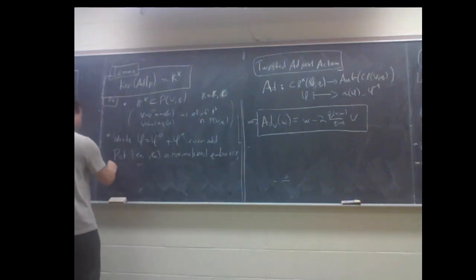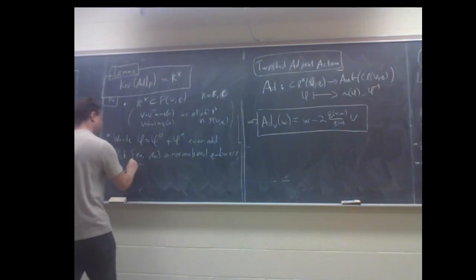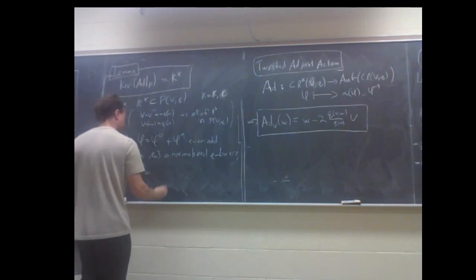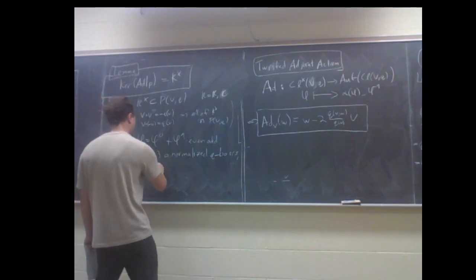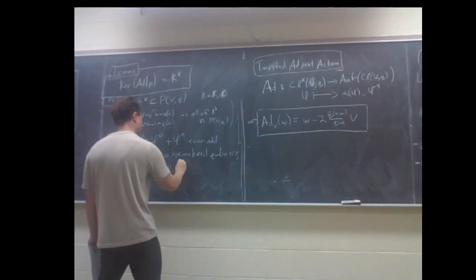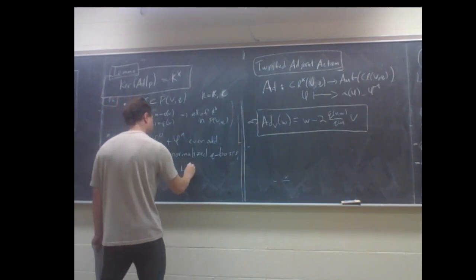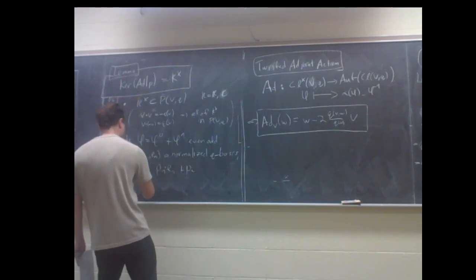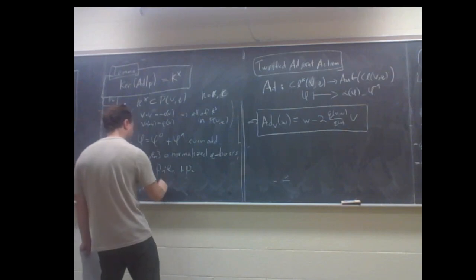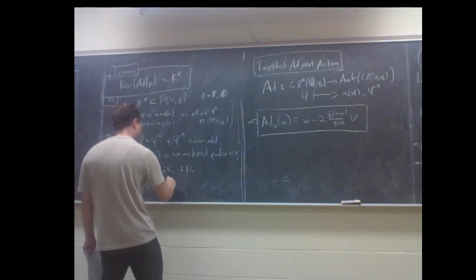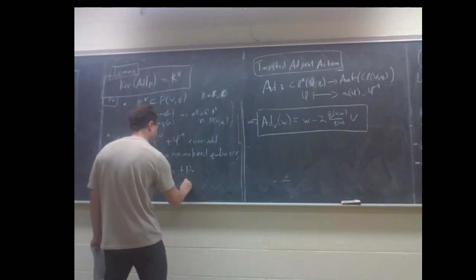And then write phi 0 equal to P1 E1 plus P2, where the Pi are polynomials in E2 up to En.